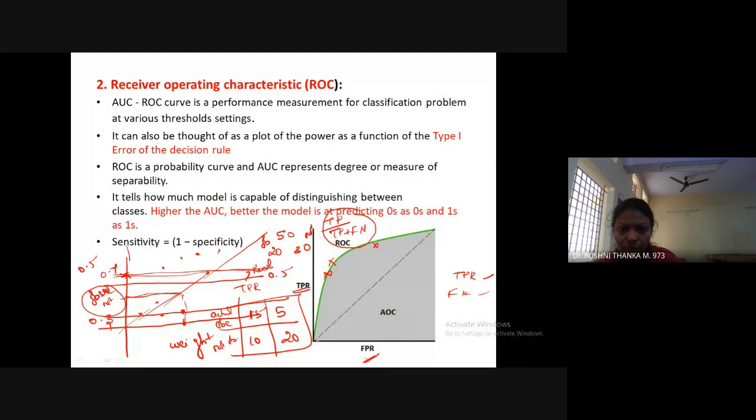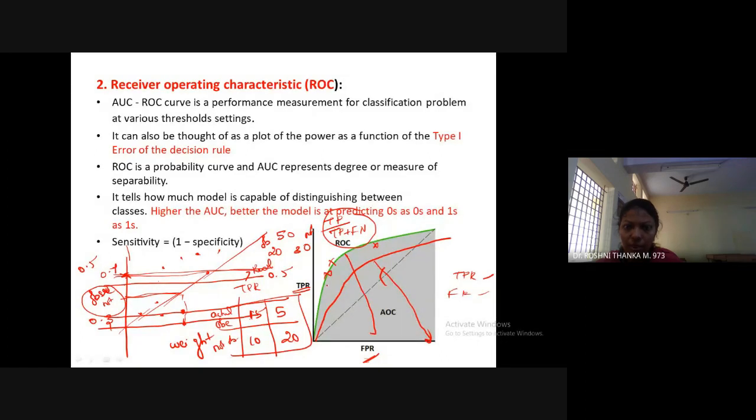If you use another set of values and get a curve like this, then for this curve, the area under the curve is all this full area. So this is the area under the curve and this is ROC, receiver operating characteristic.